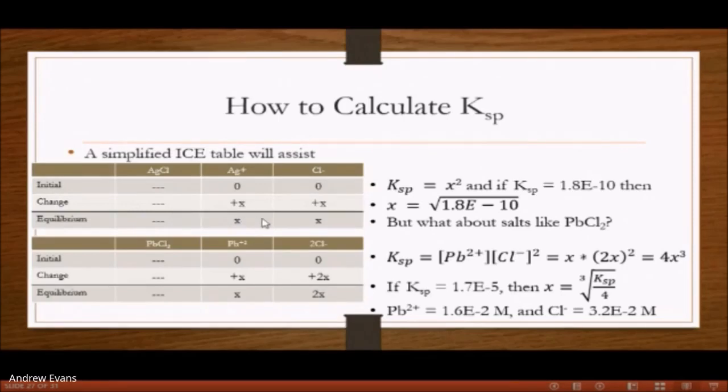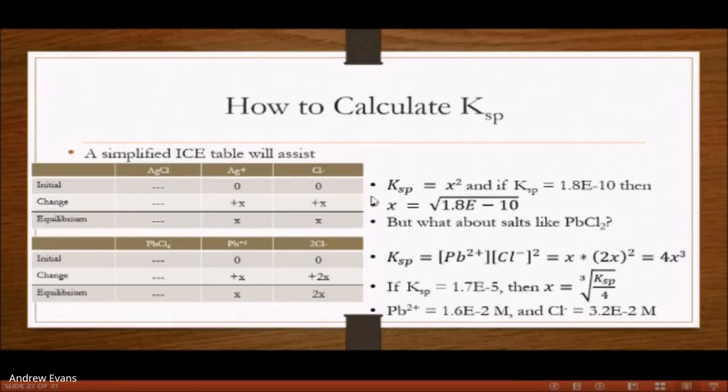And finally, at equilibrium, we have just X squared. Just X squared. So X is the concentration of silver. X is the concentration of chloride.